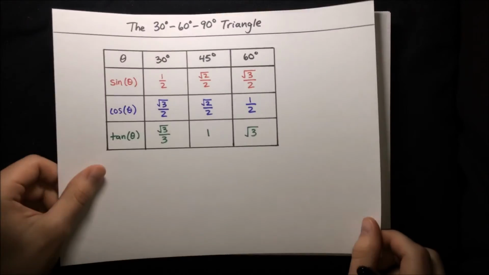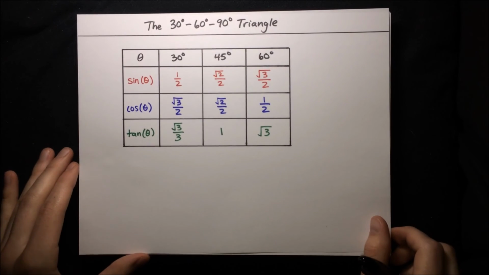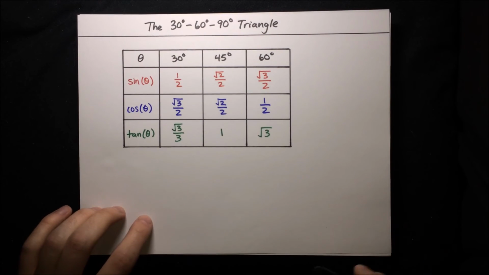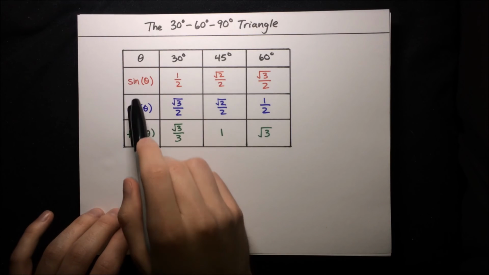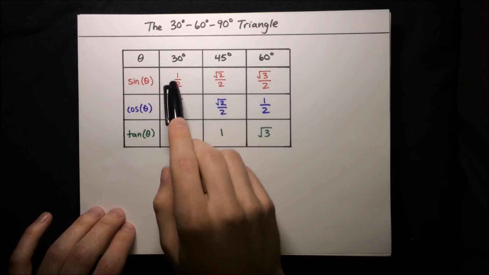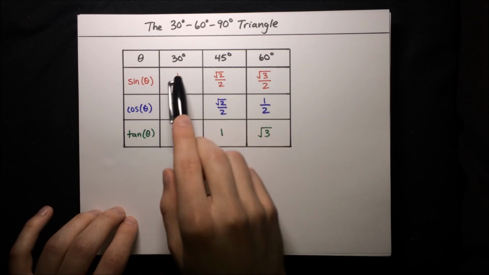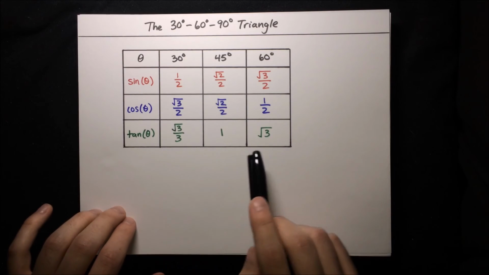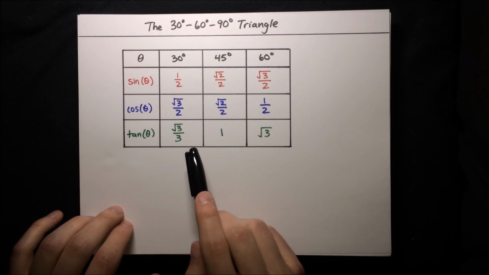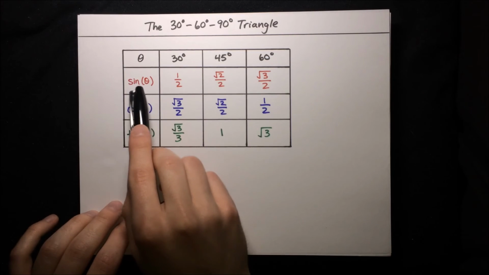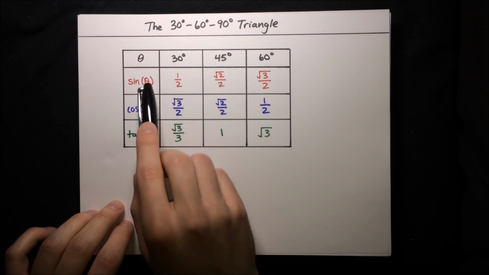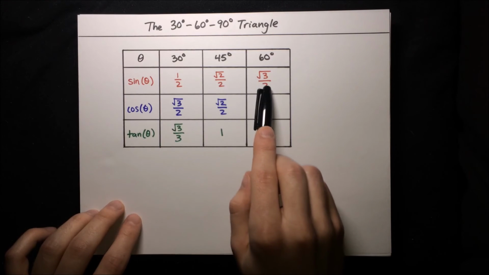All right, lastly, let's do a little recap of what we've learned. So we figured out what the trig functions evaluate to at each of these angles, 30, 45, and 60 degrees. And let's just look at all our results and see if we can find any patterns that we can leverage to remember this better. So first of all, looking at sine here, notice that the denominators are all 2.